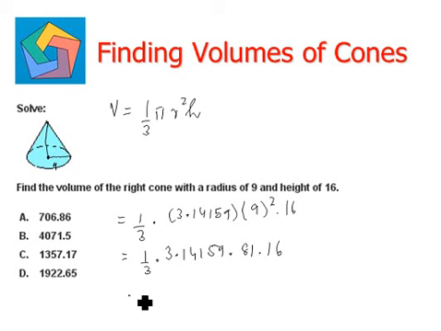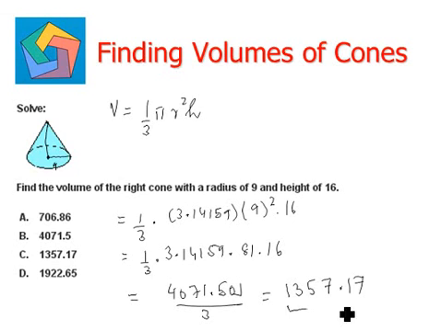So let's see what we get. 3.14159 times 81 times 16, we get 4071.501 divided by 3, and we get the answer as 1357.17. 1357 is the answer, which can be seen in option C. Let's try the next question.